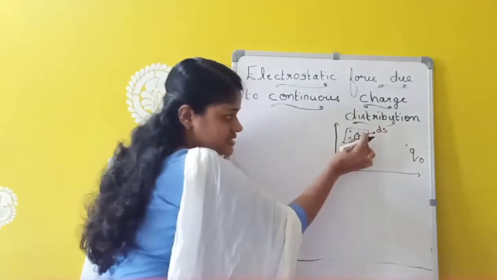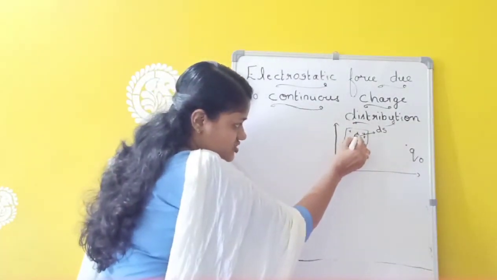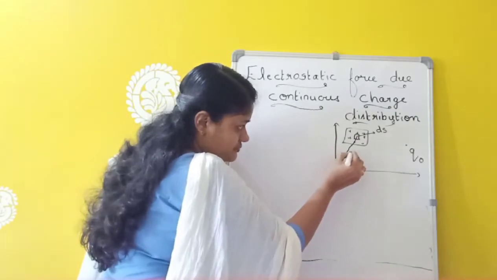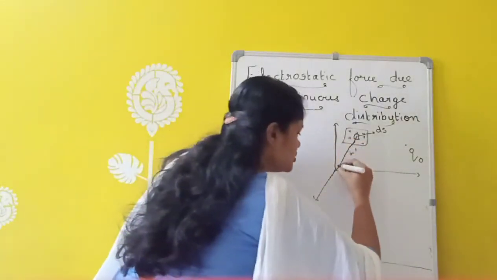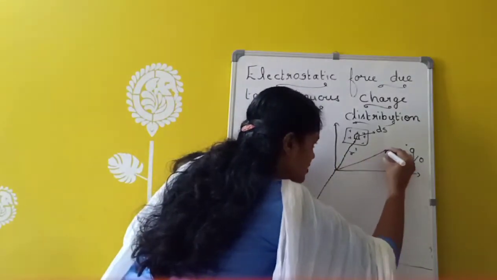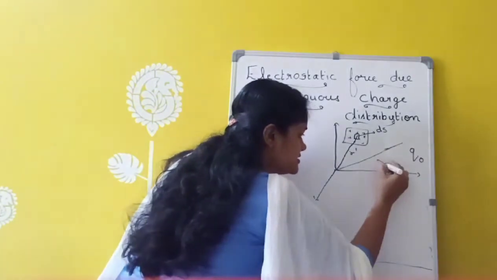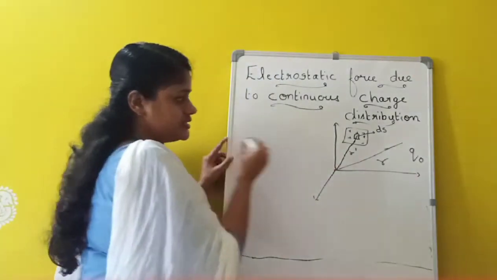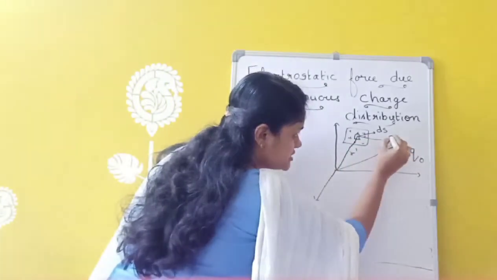So I am taking a small surface ds on this plain sheet, and this surface ds is at a distance of r dash from the origin, and similarly this Q0 also will be at a distance of r from the origin.